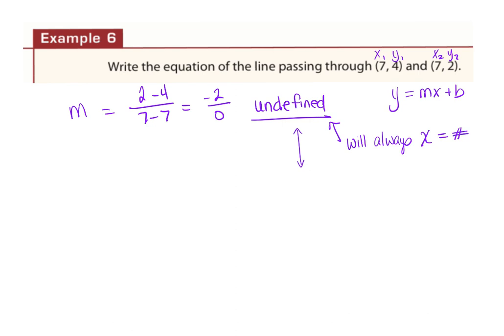To figure out what that number is, go back to your points. You'll notice your points had the same x, because it will always be that way for an undefined slope. That is the number I'm going to use for this. x equals 7. So if I have an undefined slope, it's going to be x equals a number. If I have a 0 slope, it's going to be y equals a number, okay?